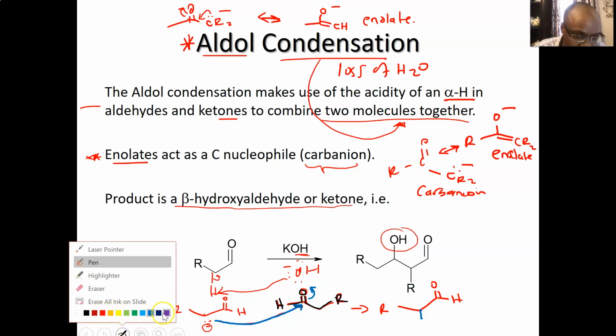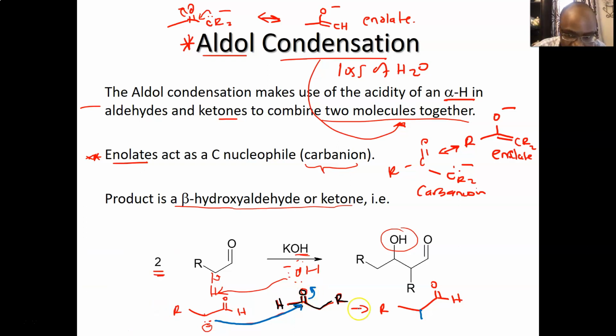Now you see how the carbonyl opened up. So that carbon should have an O negative, which used to be the carbonyl. And then you still have your hydrogen on that carbon, and then you have this chain to the R group.